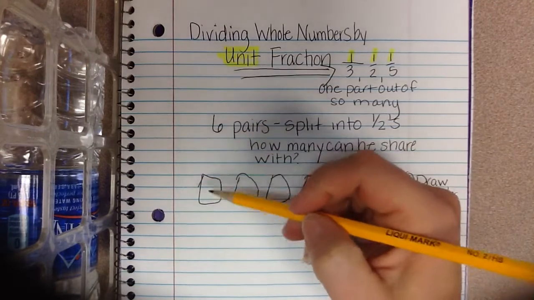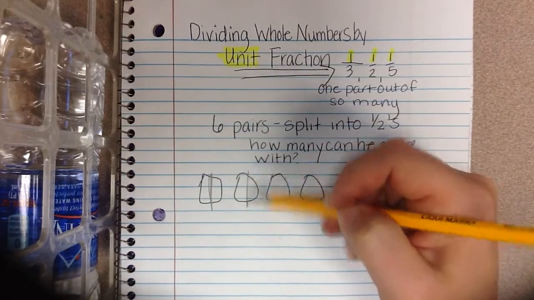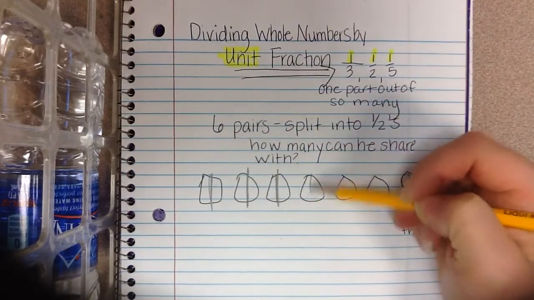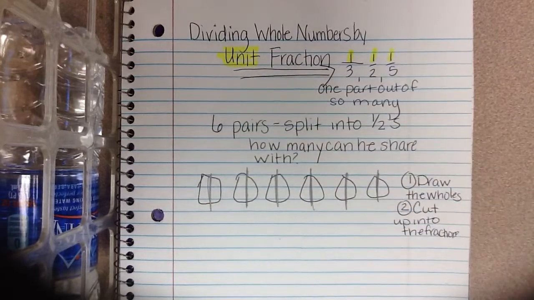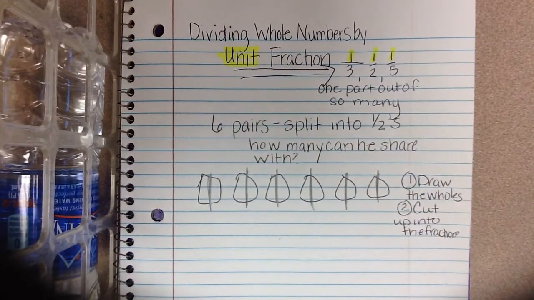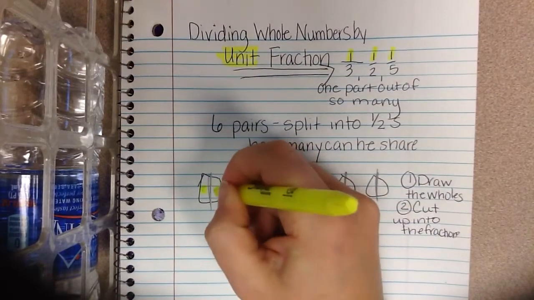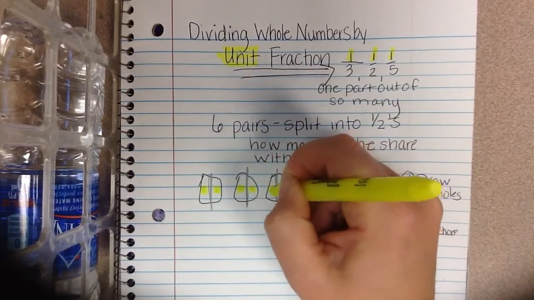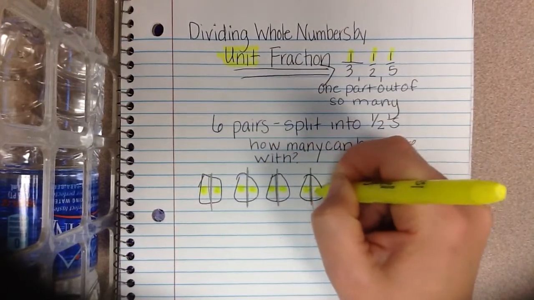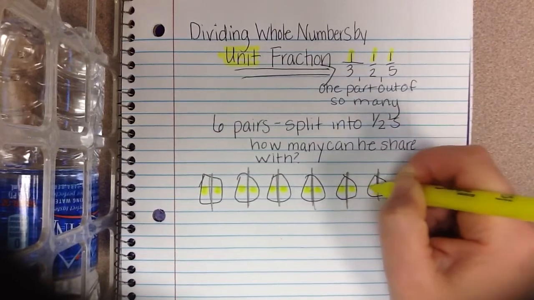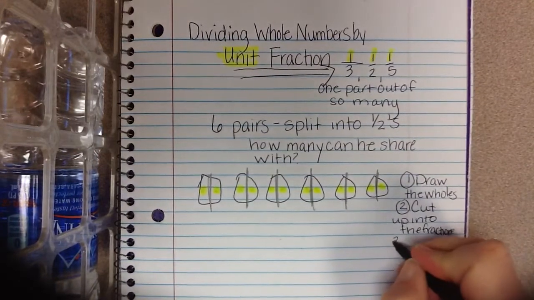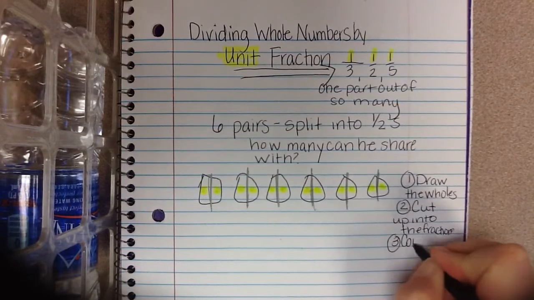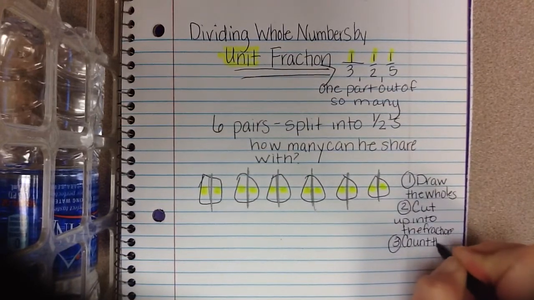So here I'm going to split this one in half, this one in half, half, half, half, half. So if I cut them all in half, how many can he share? 1, 2, 3, 4, 5, 6, 7, 8, 9, 10, 11, 12. Count the pieces.